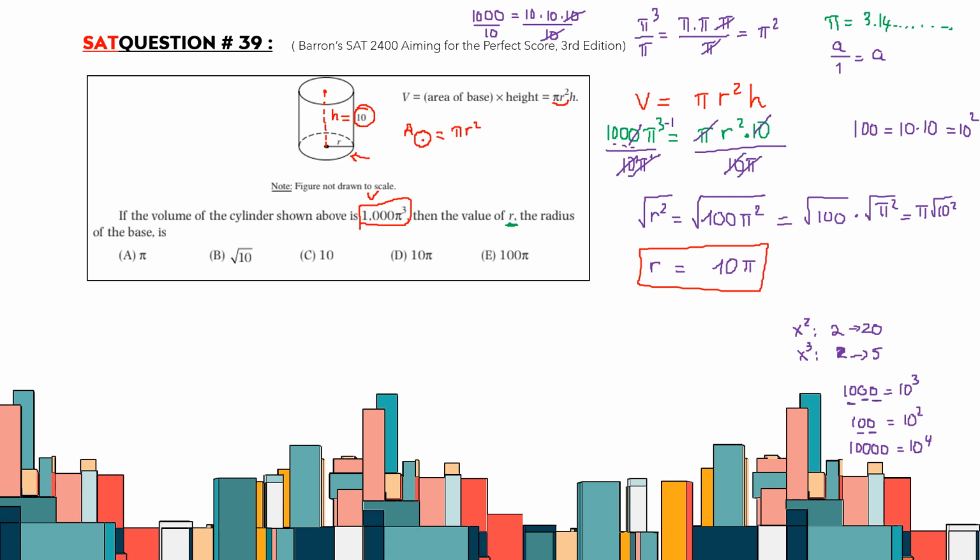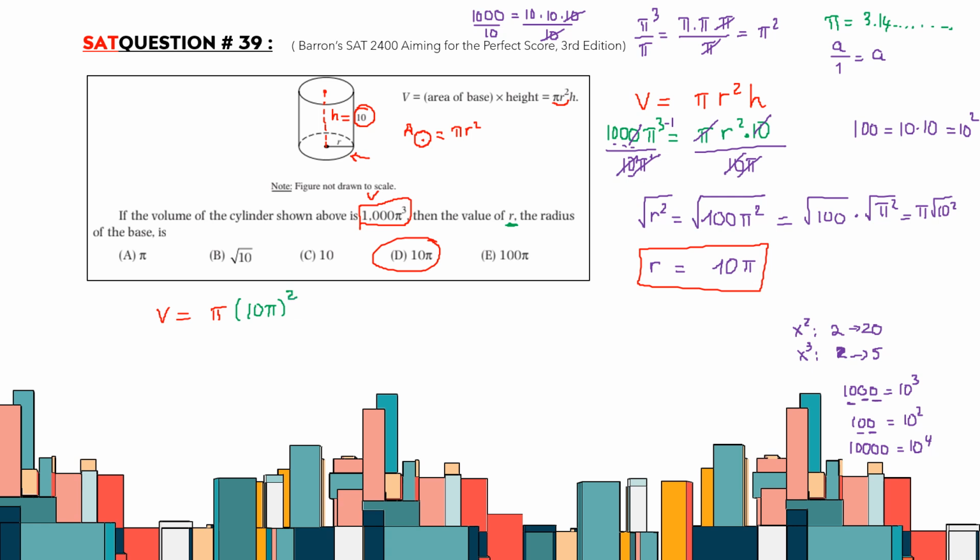So the right answer in this question is 10 pi. And just to make sure that 10 pi is the right answer, we plug it into the formula. So V equals pi times r squared times 10, and we say r is 10 pi.